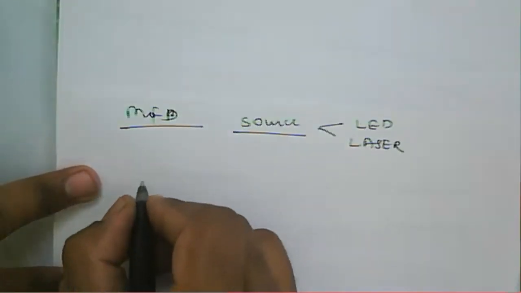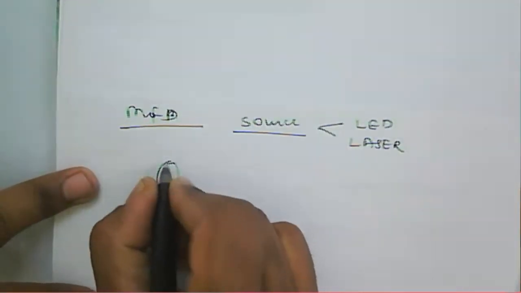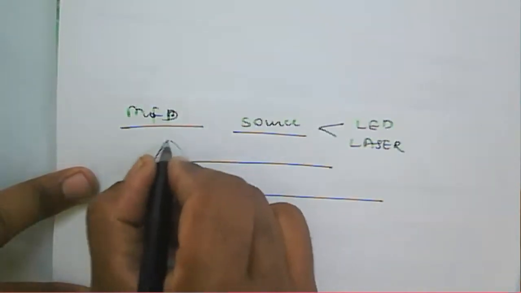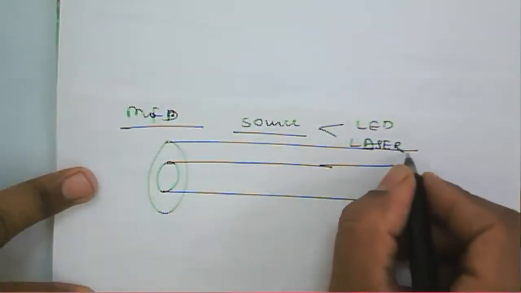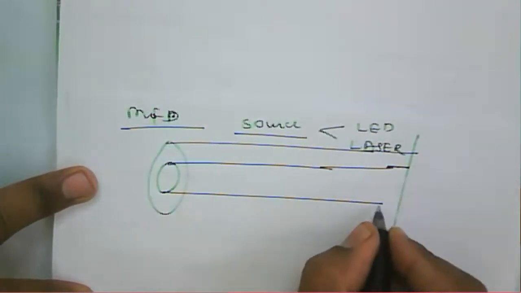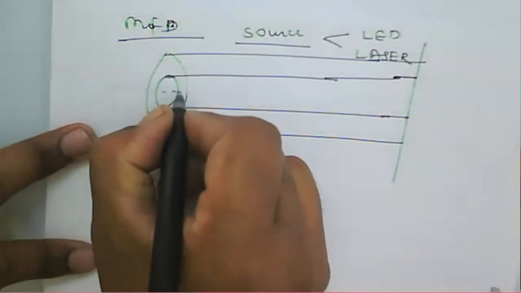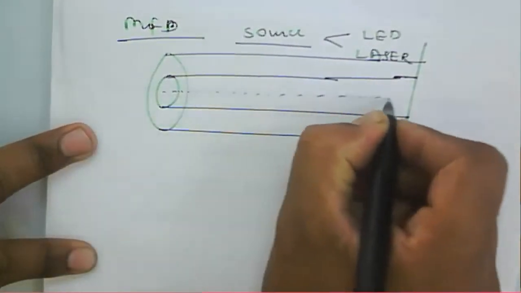So what does mode field diameter mean? When we launch power inside the fiber, this is the core, and this is the cladding, and this one is the axis.